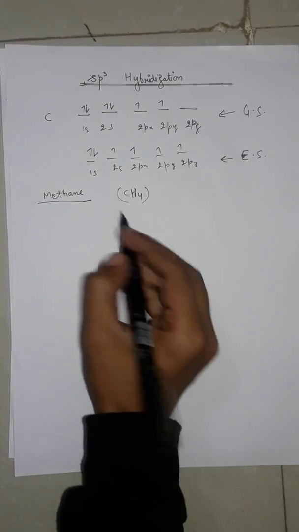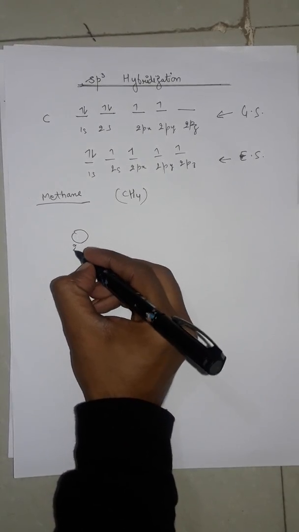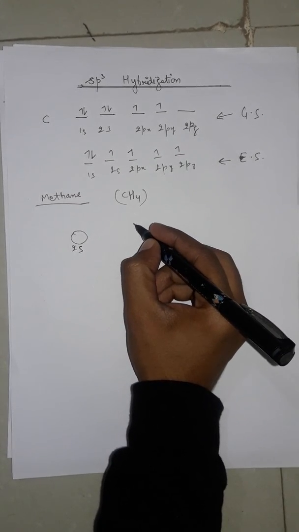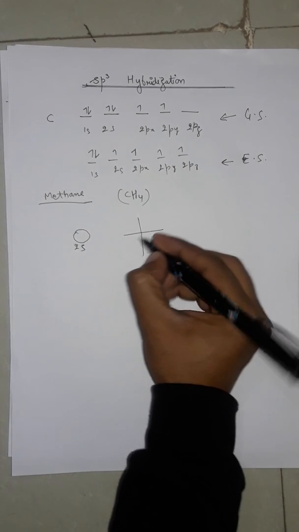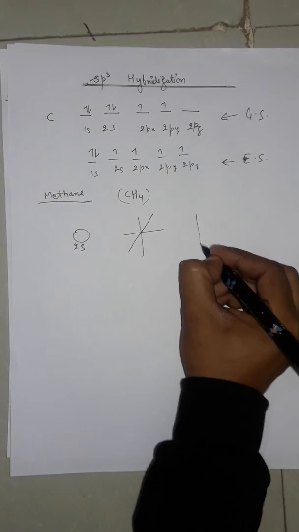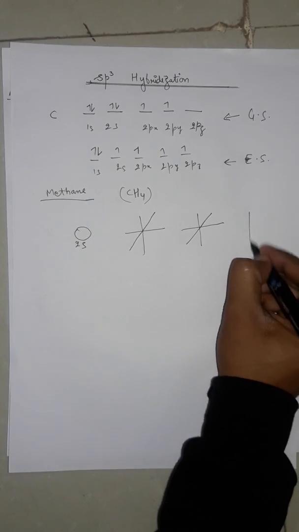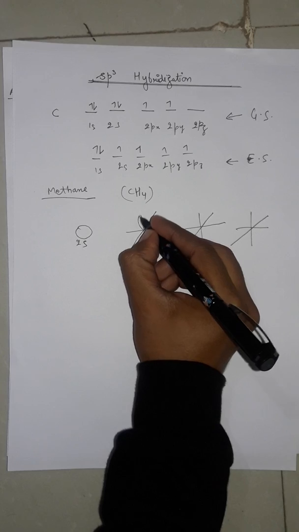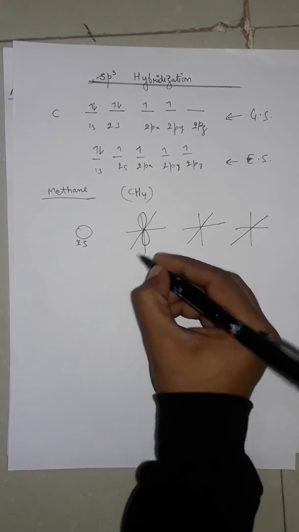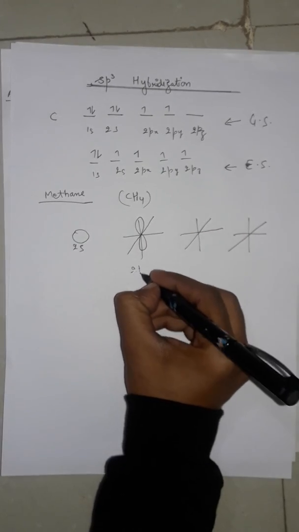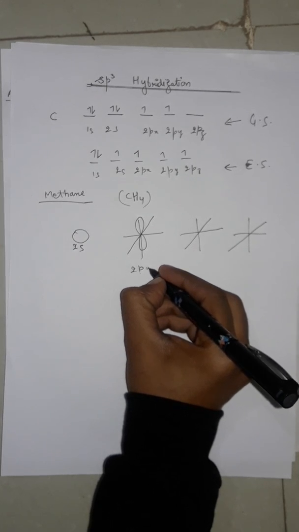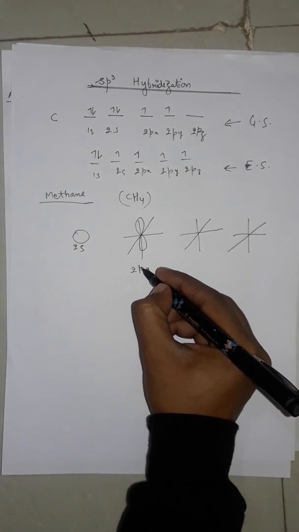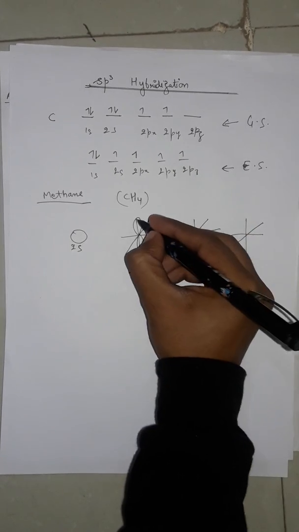You can clearly see that 2s will look like this, and if we draw the coordinates, you can denote them by y or x, whatever you want.